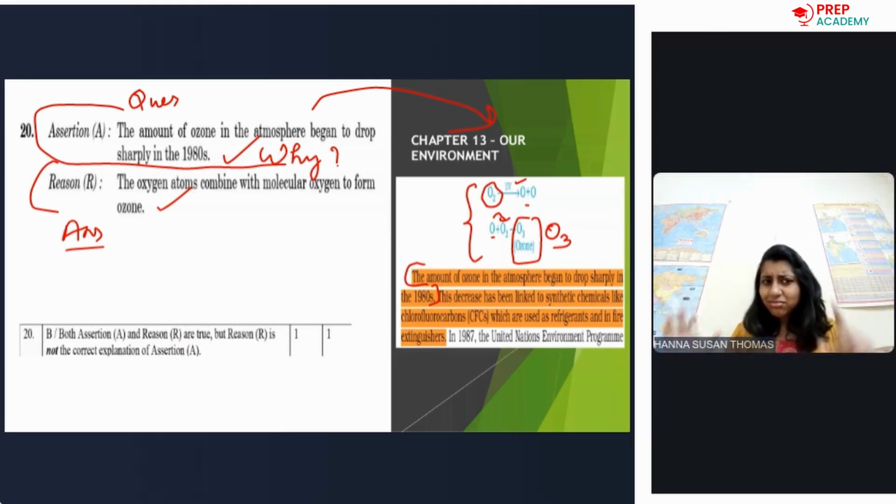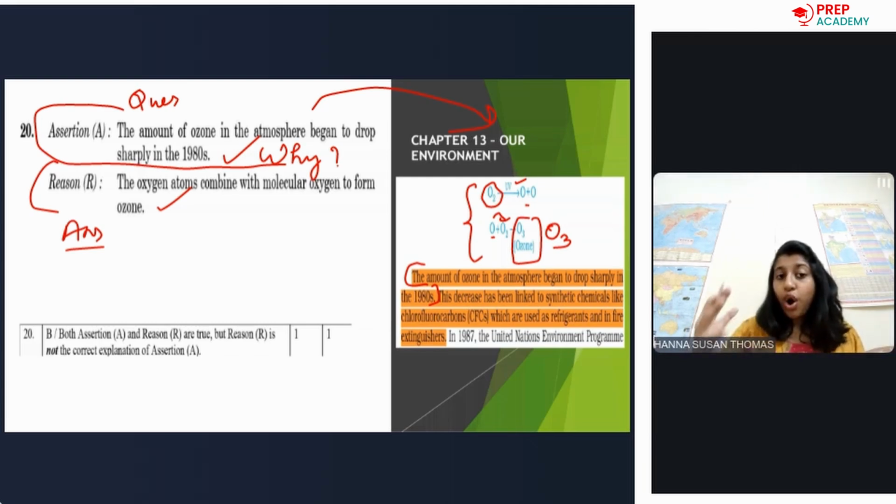Just look into the reason, and if the reason makes sense with respect to the assertion, then our answer will be A. But if the reason does not make any sense with respect to the assertion as a question, then it will be option B. Both statements are true, but they are not directly related. That means option B will be our answer.